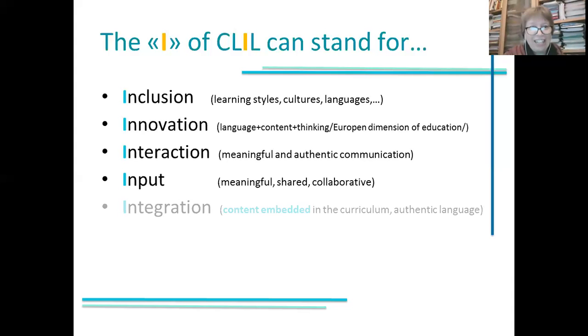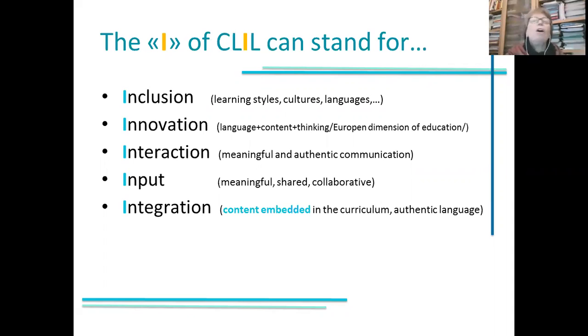Integration. Integration is a very important keyword in CLIL because the content has to be embedded in the curriculum. What does it mean? It means that if I have the water cycle in the science curriculum of year 3 in January, I have to do the water cycle in English, or French, the language that you want, exactly at the same time that this content is in the curriculum.